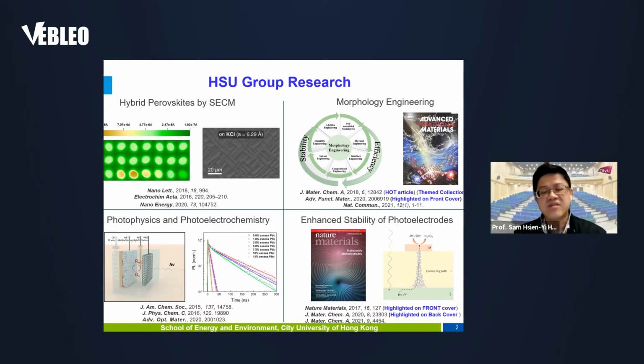Therefore, we developed a new method called the localized breakdown process. After this breakdown process, we can create a conductive pathway, as I show you here. By this way, we can increase the thickness of the insulator.